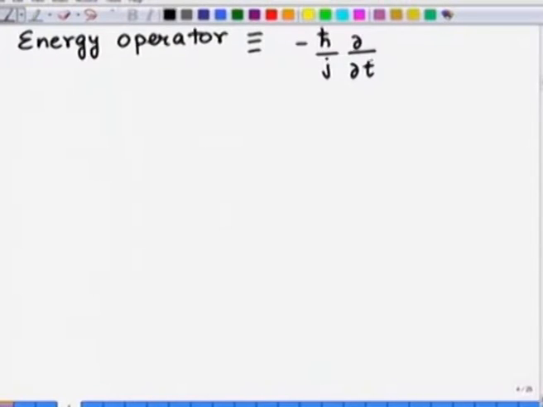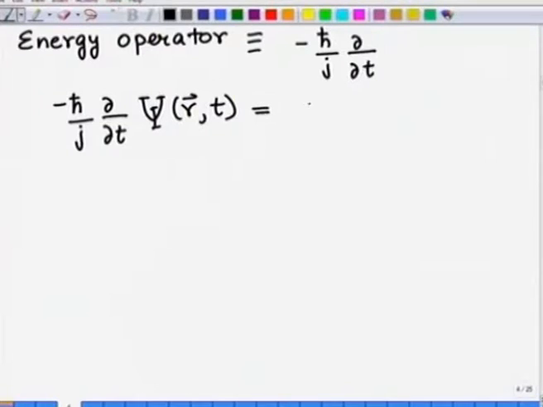If I apply this operator to phi of r comma t, then I will get my energy times this wave function.